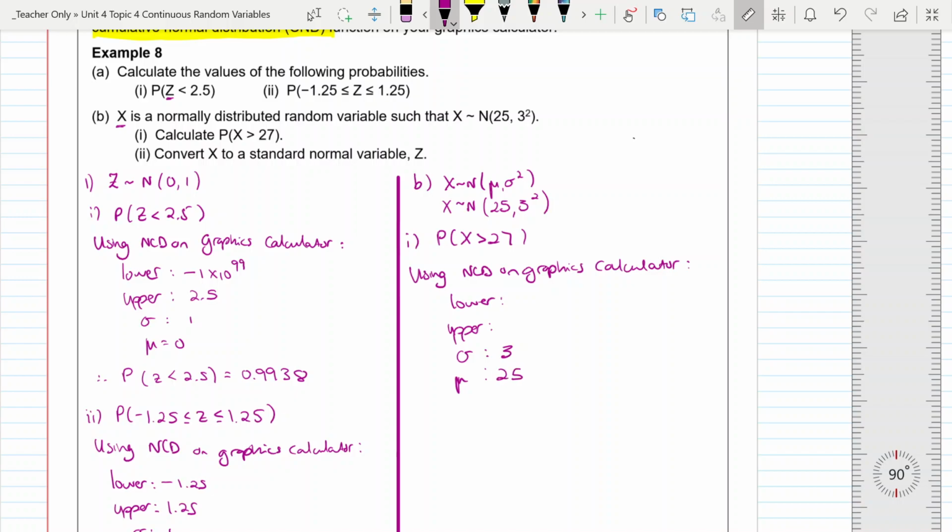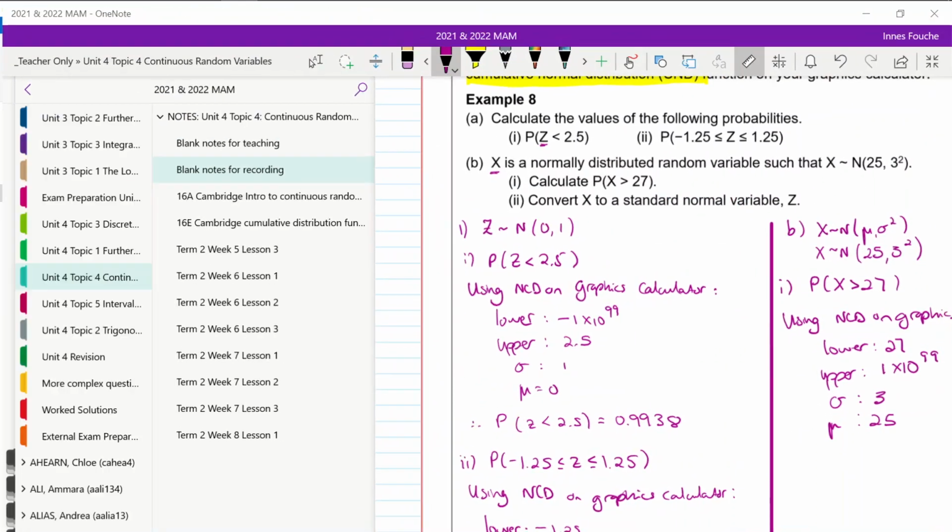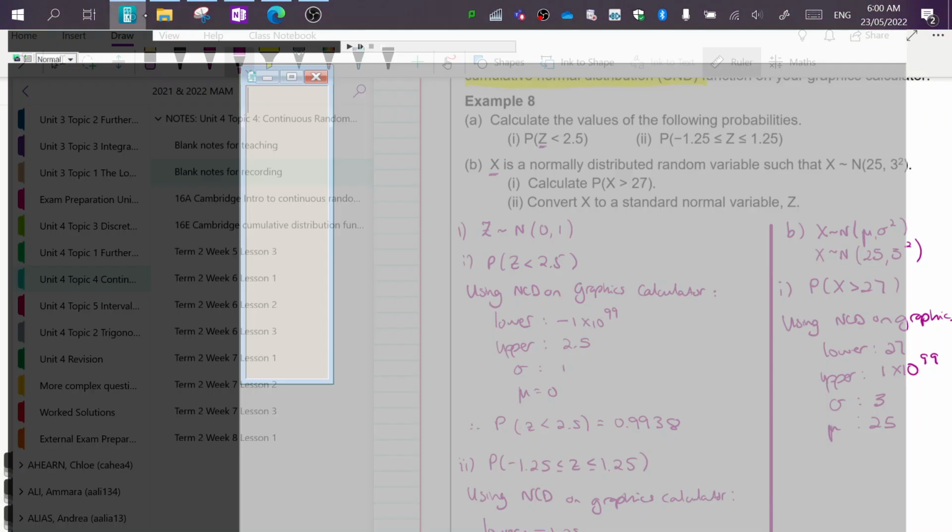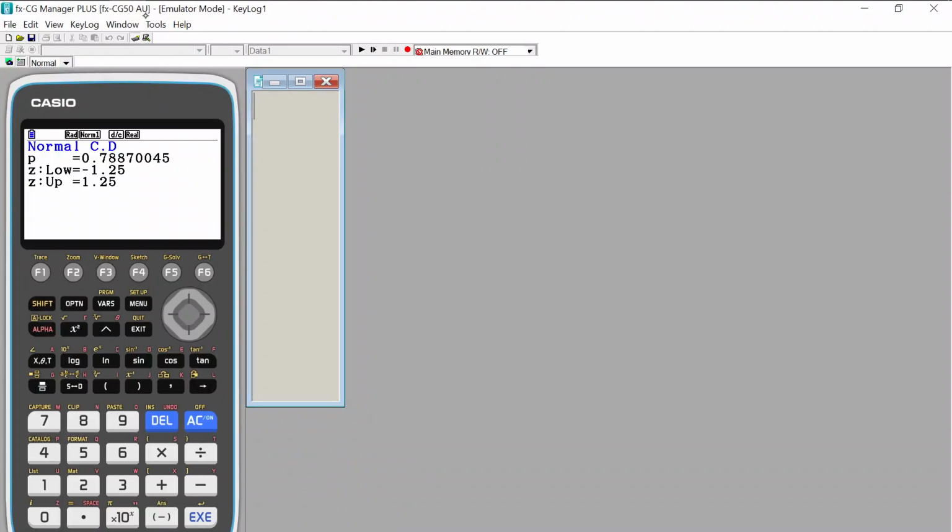Our lower value, X is greater than 27, so our lower value is 27. And our upper value has to be a really big positive number. So let's go with 1 times 10 to the power of 99. Okay, so let's have a look at what our calculator does with that. And you just need to remember these really big negative and really big positive numbers.